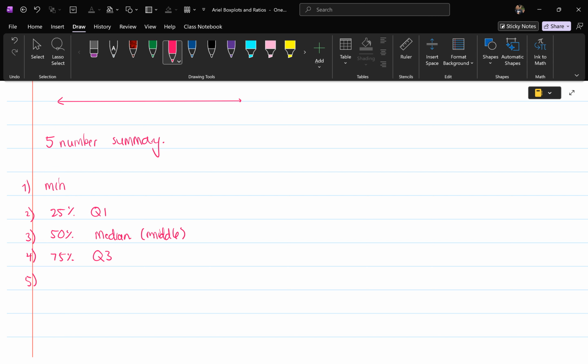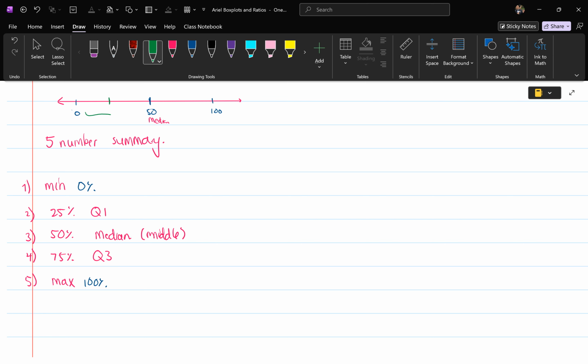And then the last one is the maximum, which you could think of as 0% and 100%. If you drew it on a number line, can you see how it's 0% and then 100%? Halfway is 50%, so this is the median.